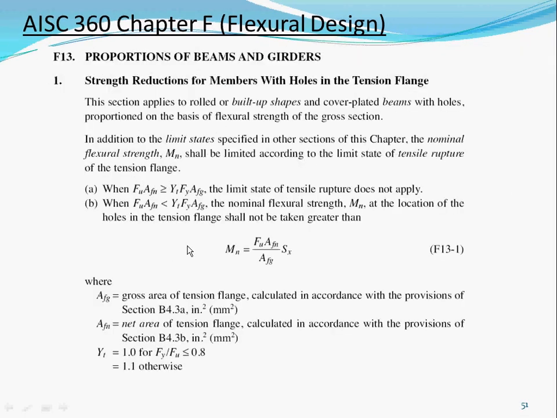Tension flange yielding, we've seen that before. One thing that SAP would not do is F13 again. F13 is holes in the flange. When you're modeling in SAP, they assume the same section property. You can't model holes in SAP, so you have to check it yourself at a certain point.